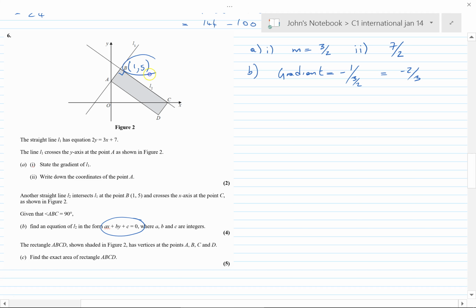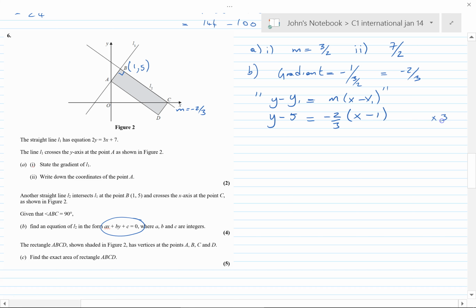So we have a coordinate, and we've got a gradient, which is minus 2/3. So we can use y minus y1, do quote the formulas you're using, is equal to m times x minus x1. So y minus 5 is equal to minus 2 over 3 times x minus 1.